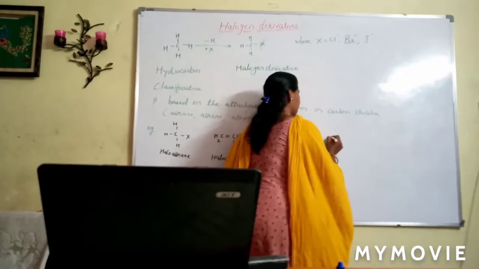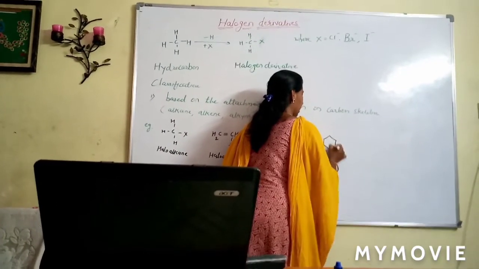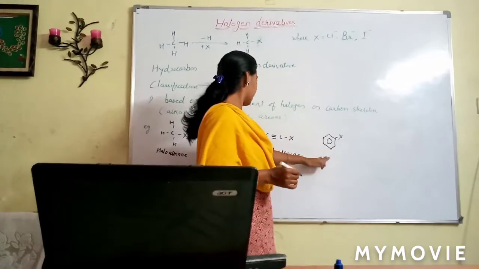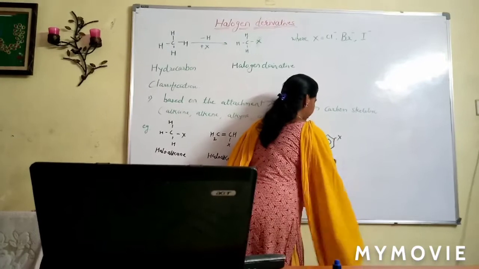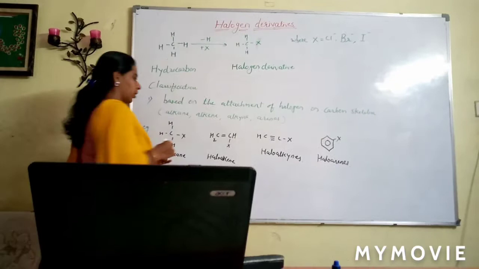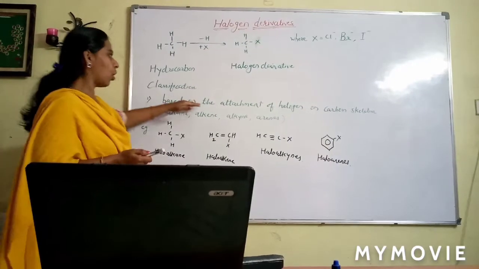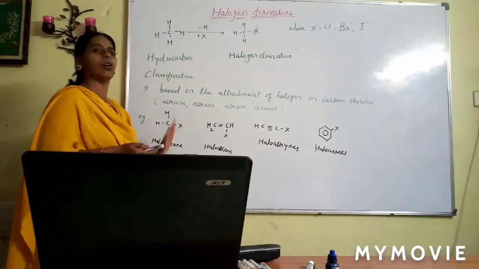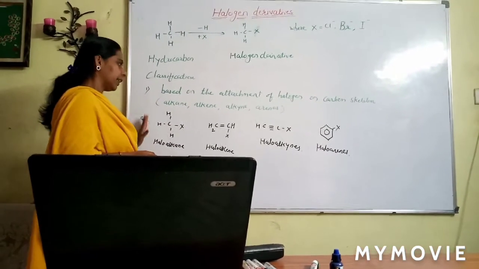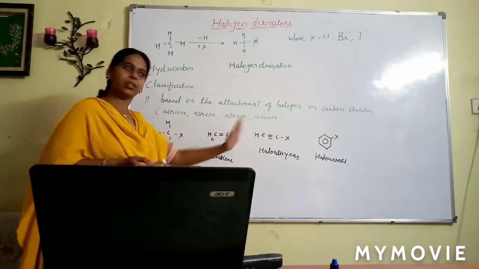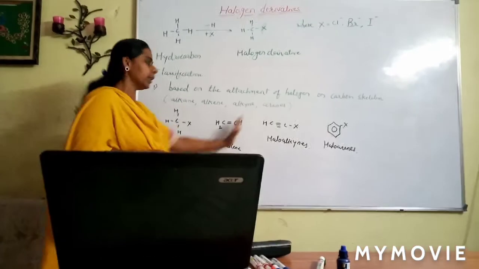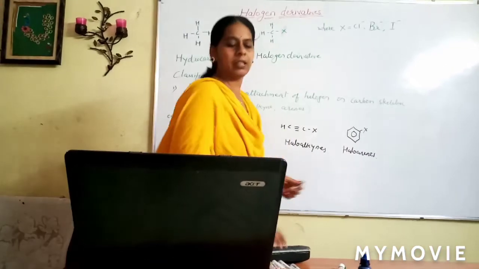Now if we consider the arene and halogen is attached to that structure, then this compound is called haloarenes. So classification of halogen derivative is based on the attachment of halogen on carbon skeleton, whether the carbon skeleton in the particular structure is alkane, alkene, alkynes or arenes. On the basis of this, we can name that structure as haloalkane, haloalkene, haloalkynes and haloarenes.